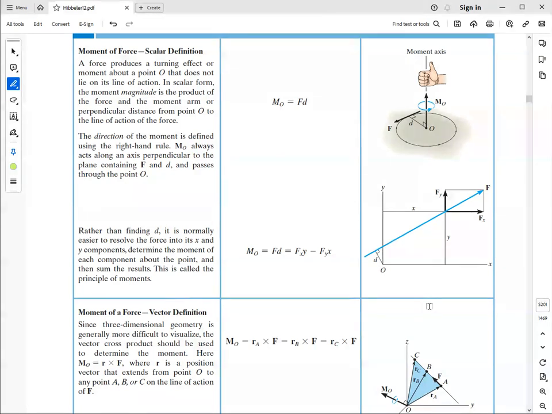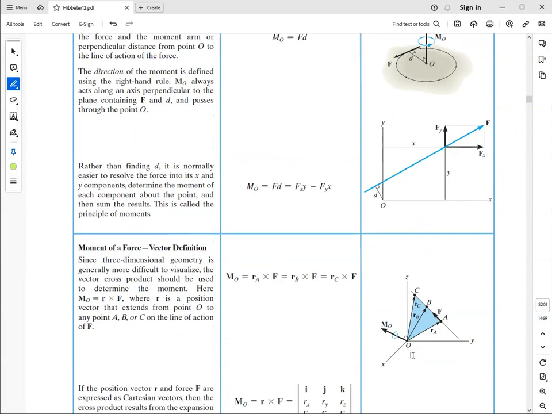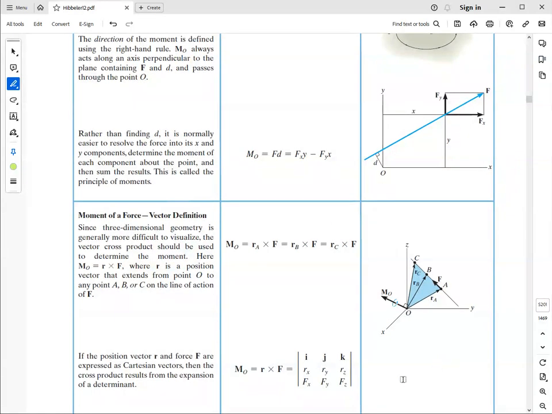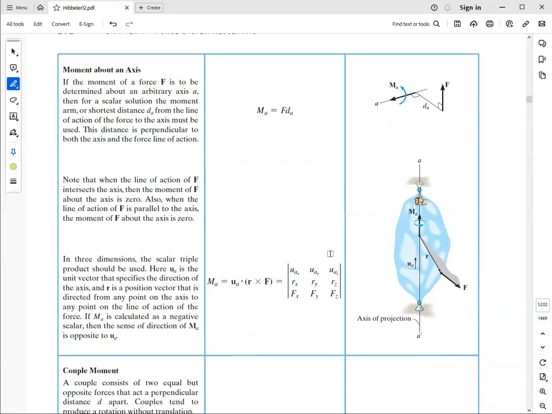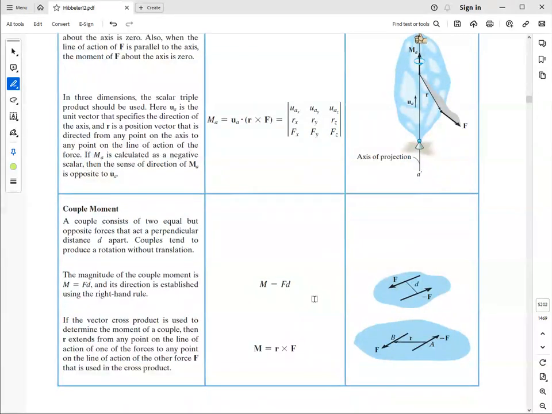And then we learned the general definition with cross products of the vector moment of a force. What is left to go over is the moment of a force about an arbitrary axis, and the concept of couple moment.